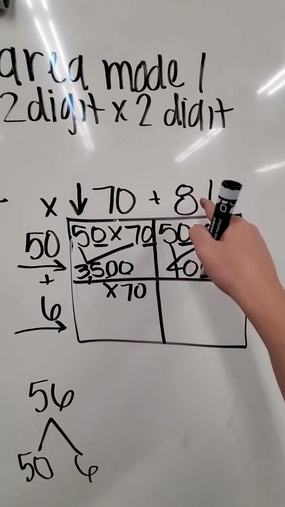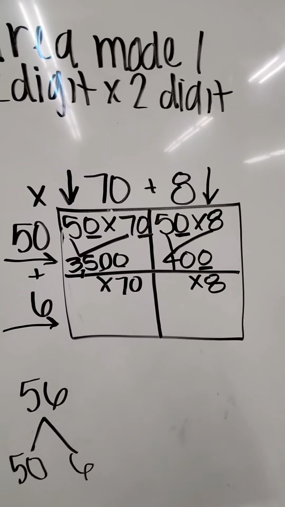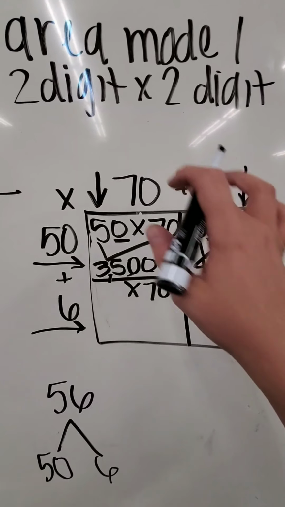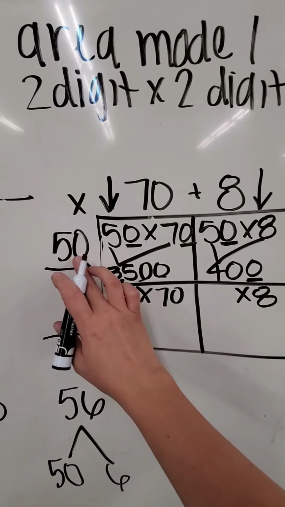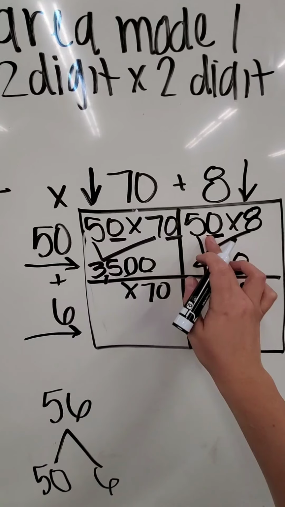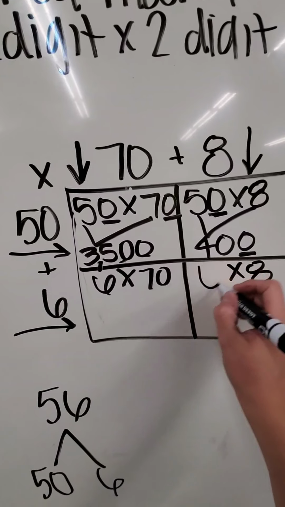These two columns have to have 8, so we're multiplying by 8. These have to have 50, these have to have 6. So I'm going to write 6, 6.